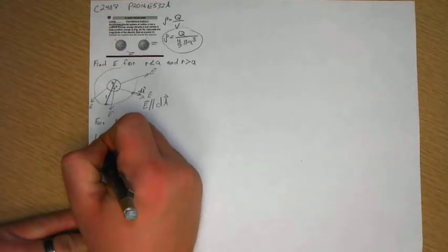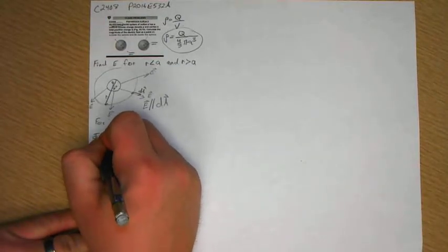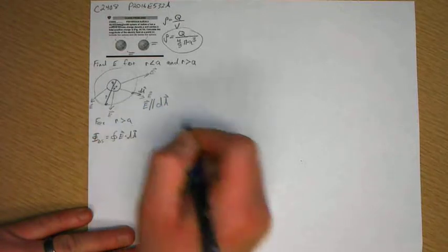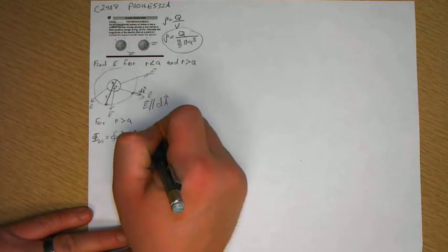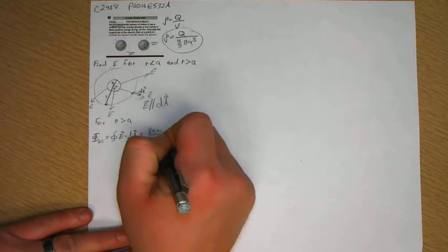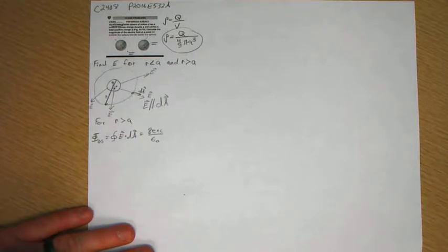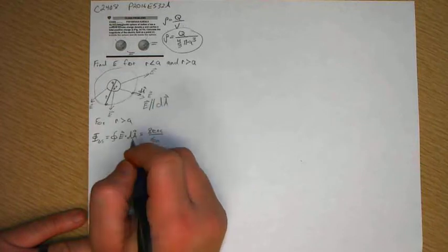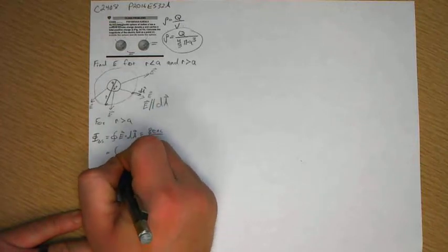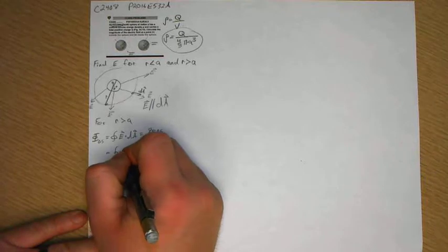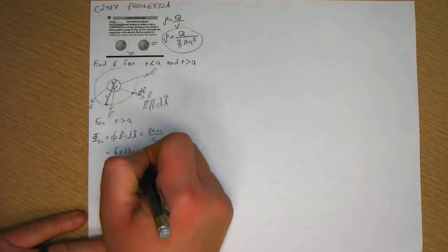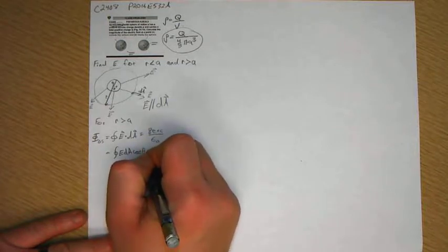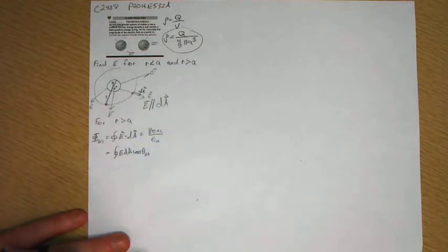So let's go to Gauss's law. The flux through our Gaussian surface is defined by E dot dA, and the rest of Gauss's law says that equals charge enclosed over epsilon naught. Since E is always parallel to dA, we don't need the dot product anymore, because this would just be E dA cosine of theta, the magnitude of E times the magnitude of dA times the cosine of the angle between them.